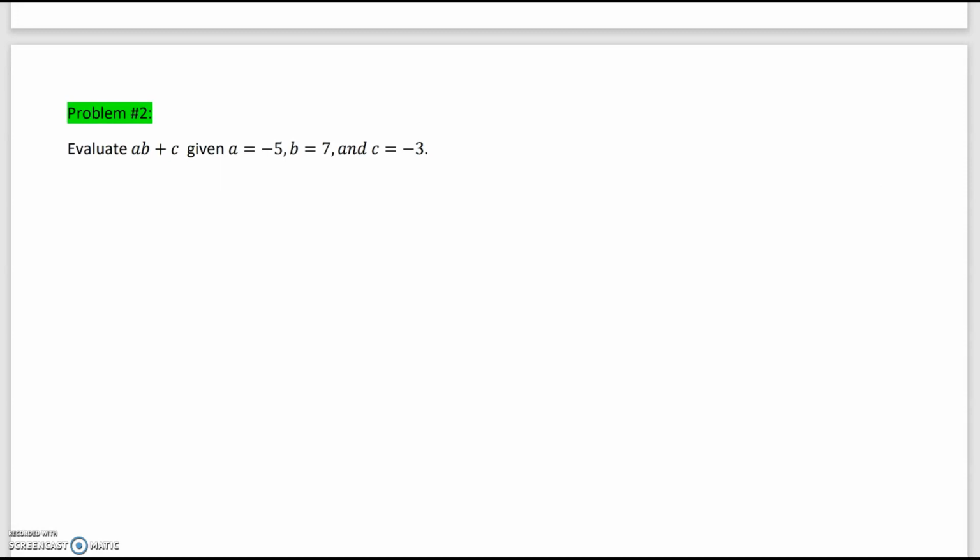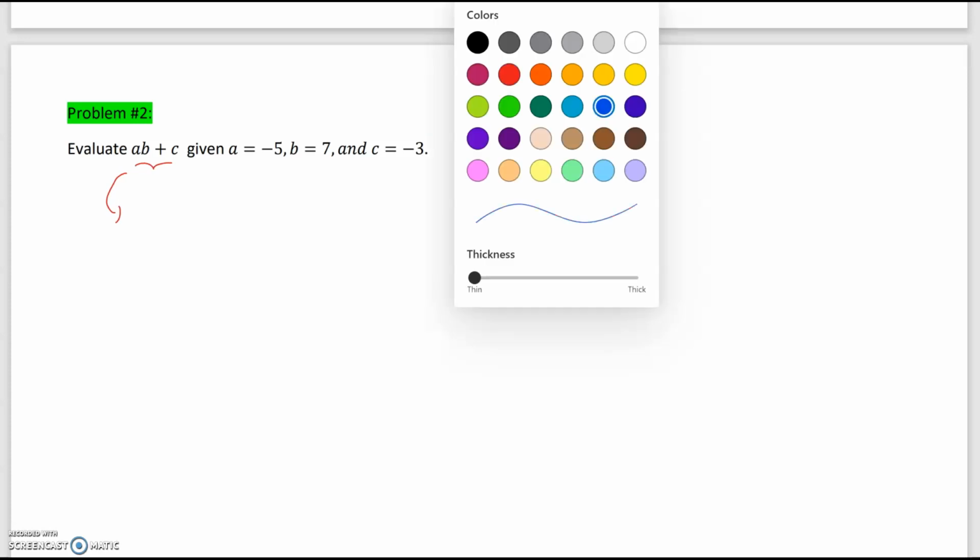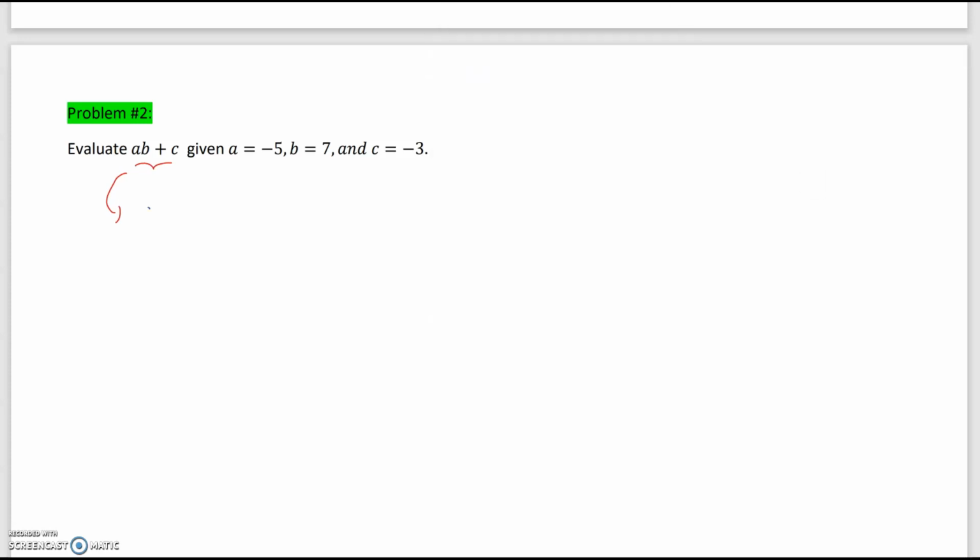Okay, so problem 2 is slightly different. Let me rewrite it, and it's only different in terms of the expressions. In this case, we have a times b plus the value of c. And what I'm going to do here is put parentheses on all the variables.